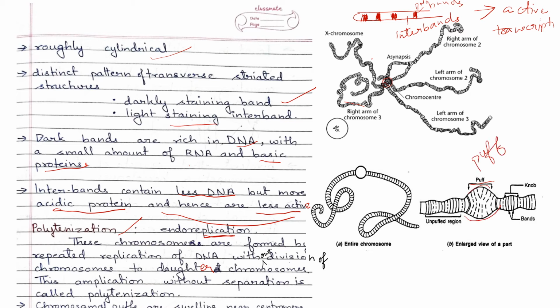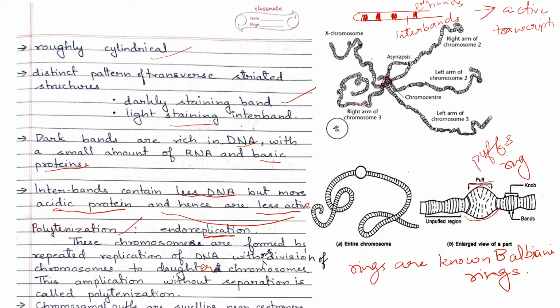These puffs make ring-like structures in the Polyteen chromosomes, and these rings are known as Balbiani rings, named after Balbiani, the first person who observed the Polyteen chromosomes.